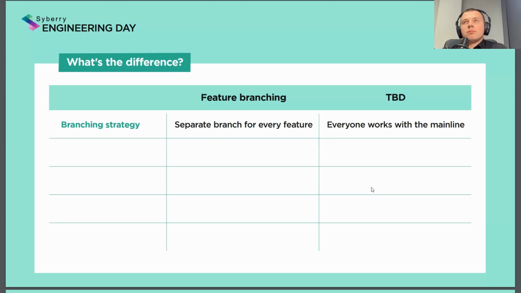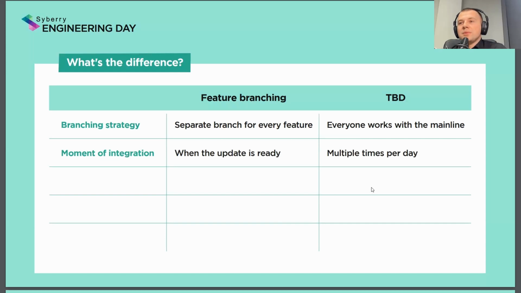Let's continue. I'll speak about other things in other points. In feature branching, developers integrate their changes into the main line only when they are ready to release the feature or bug fix or some improvement or something like that. This approach can result in a longer integration cycle and increased risk of conflicts and regressions.